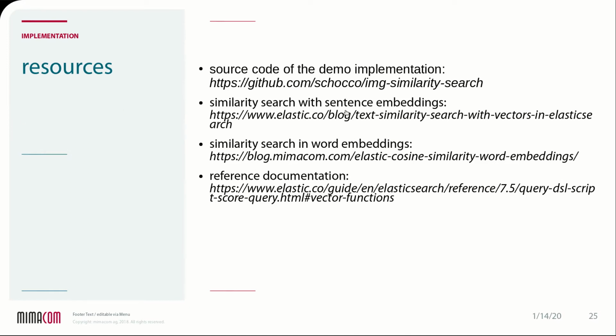There's also an interesting article on the Elastic blog for sentence embeddings, where they basically implemented search for short text snippets, where they capture the semantic meaning of the sentence. The same thing can be done with word embeddings, where the vector for a word basically represents the semantic meaning of a word. And there's also a link to the reference documentation, so you can see how the functions work.